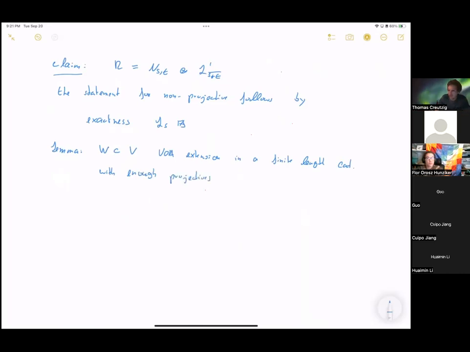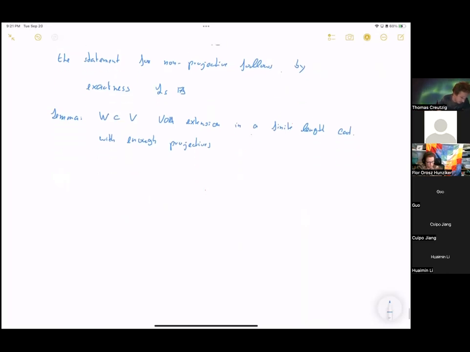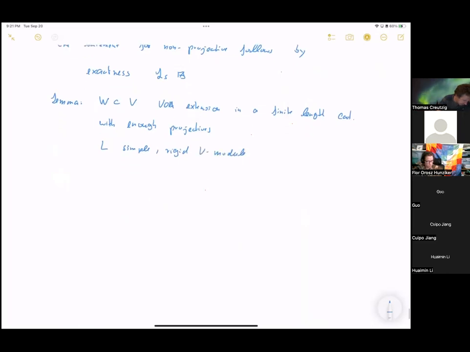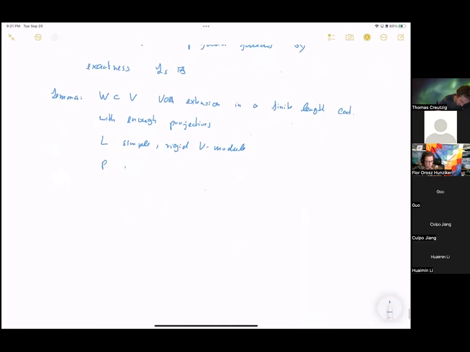This is a property we have established for SL2. Now we take L as a simple and rigid V module, like our LS, and P a projective indecomposable one, like our N1 comma T.